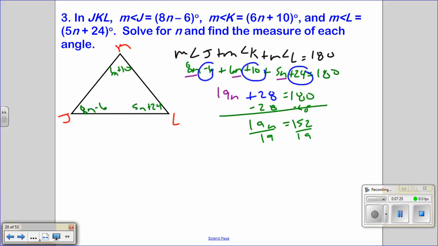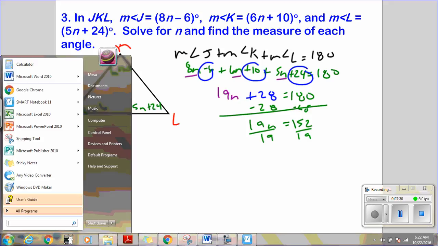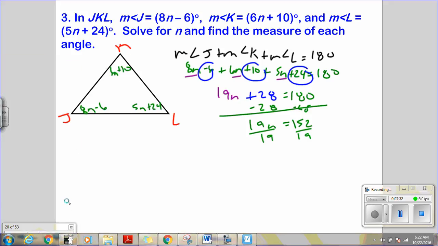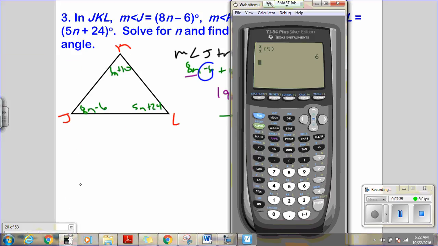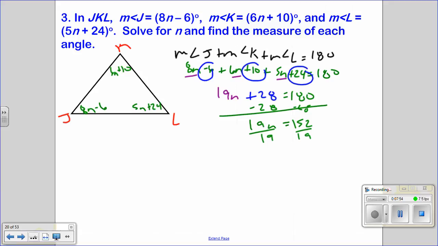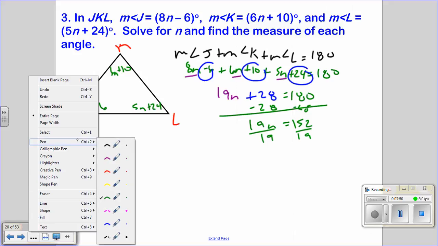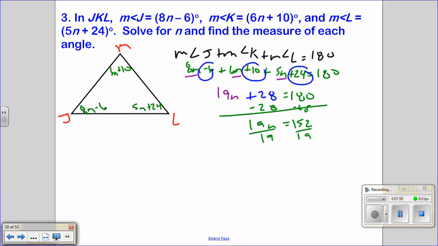I'm thinking of numbers that are multiples of 9 that have a 2 at the end. Eight. Sure is. So n is 8.